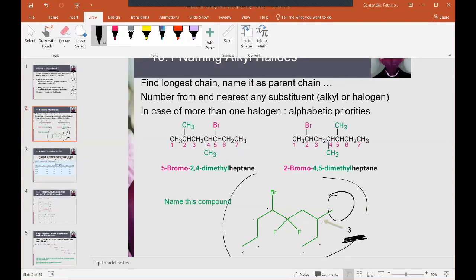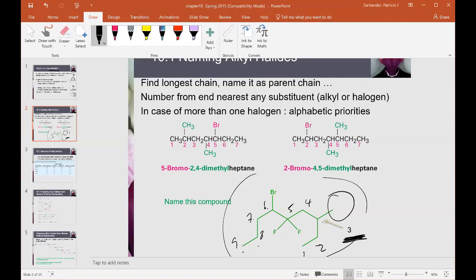So I will have to indicate that in my longest chain, that is 1, 2, 3, 4, 5, 6, 7, 8, 9. So I have a bromine on carbon number 6. So that will be 6-bromo. Then I need to respect alphabetizing the groups.